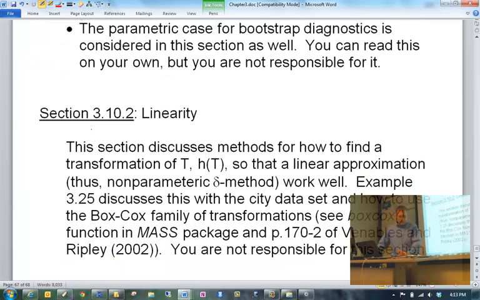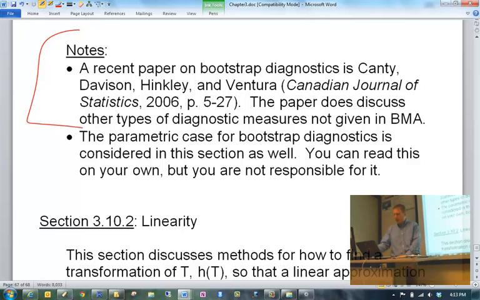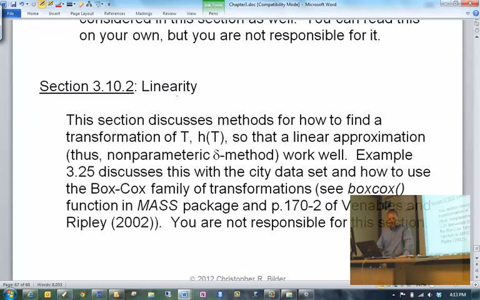Okay. I think I already mentioned this paper by Davison, Hinkley, and Ventura. Section 3.10.2. I strongly considered adding this section to my lecture notes this semester. Basically, what it gives you is a way to figure out, this goes back to section 3.9, well, what kind of transformation should I use with T so I have a variance stabilizing transformation?